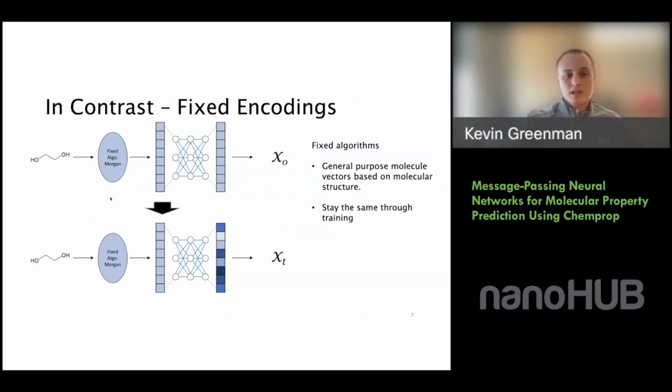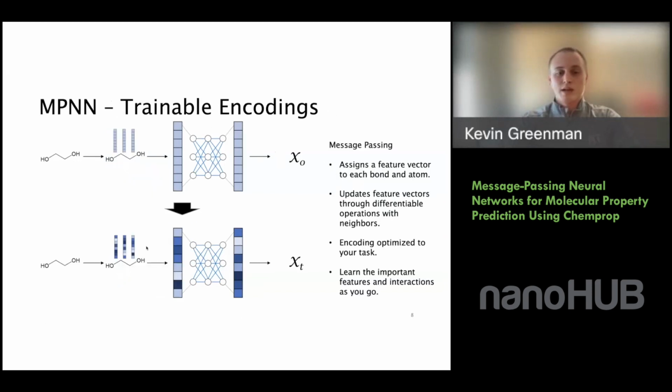That's going to be the first vector, the leftmost vector in the middle, and then you are learning the vector that represents your property. And with the Morgan approach or some other fixed fingerprint, this vector in the center stays constant throughout the whole approach. Whereas with Chemprop, we are able to learn that vector in addition to the property vector.